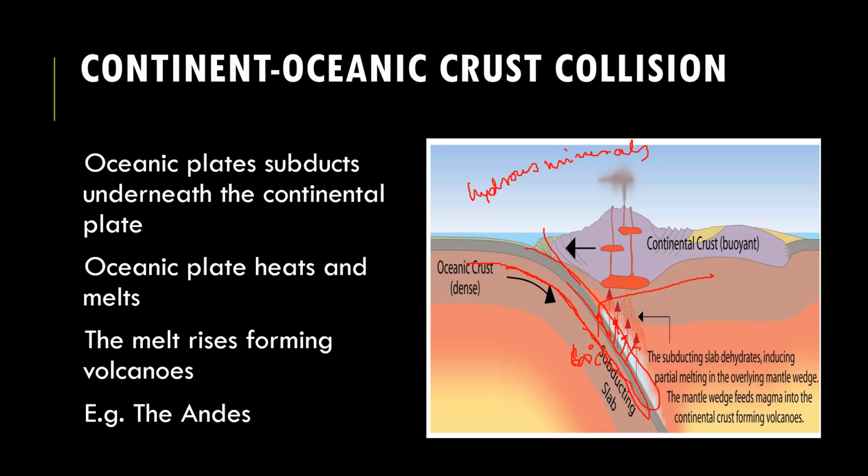Perturbation means lowering of the geothermal gradient. Suppose at this depth the temperature should be 1000 degrees centigrade, but you observe a geothermal gradient of say 700 degrees centigrade. So this is perturbation. The geothermal gradients are getting deeper and deeper. Examples are the Andes.